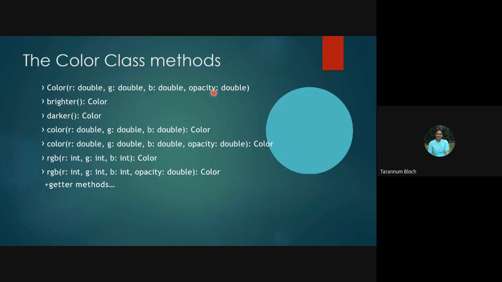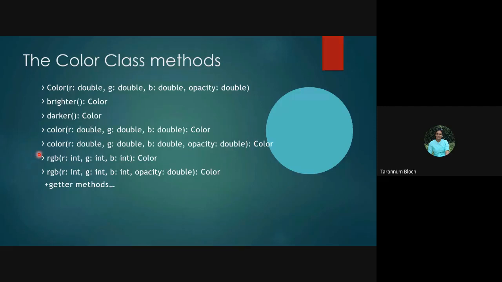So opacity will decide how your color will look on the screen, right? You can have other methods also, such as brighter and darker. Over here color is taking 3 arguments and returning a double, and another color is taking 4 arguments. From that, 3 are the color RGB and the fourth one is the opacity, right?